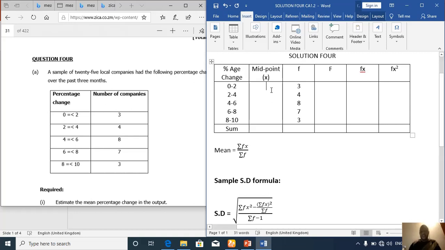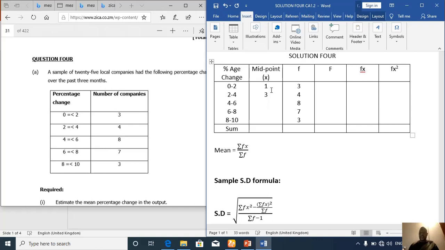The x value is simply the midpoint of the classes that you are given. So for instance, we have our first class, which is 0 to 2. So you will say 0 plus 2 divided by 2, that will give you 1. So the x value for that particular class is going to be 1. The x value for the second class, which is 2 to 4, is 2 plus 4 divided by 2. That's going to be 3.